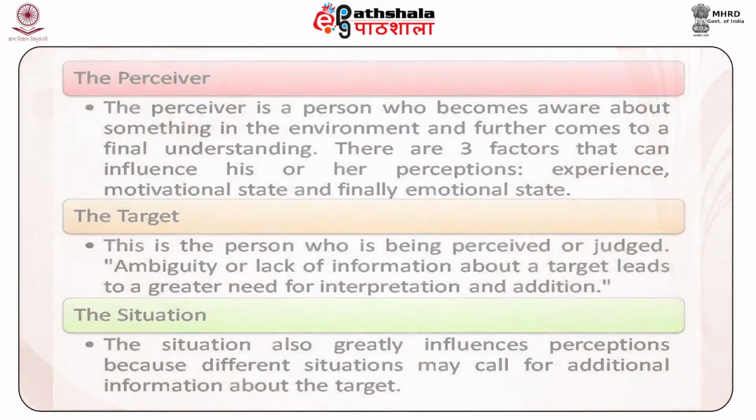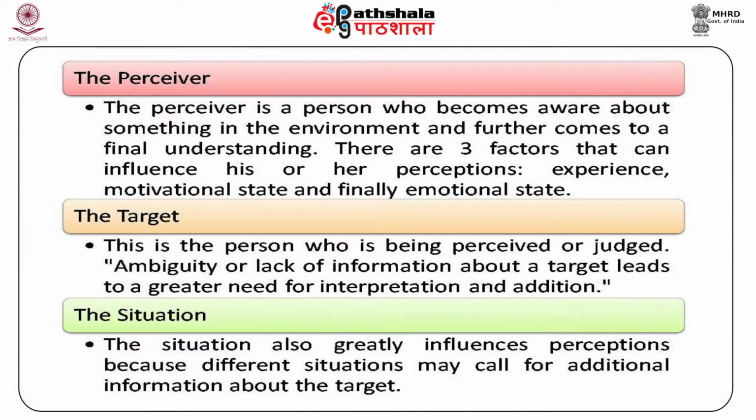According to Allen and Jones, perception consists of three components. Now let's focus on these three components. First, the perceiver. The perceiver is a person who becomes aware of something in the environment and further comes to a final understanding. There are three factors that can influence his or her perceptions: experience, motivational state, and finally emotional state. Second is the target.